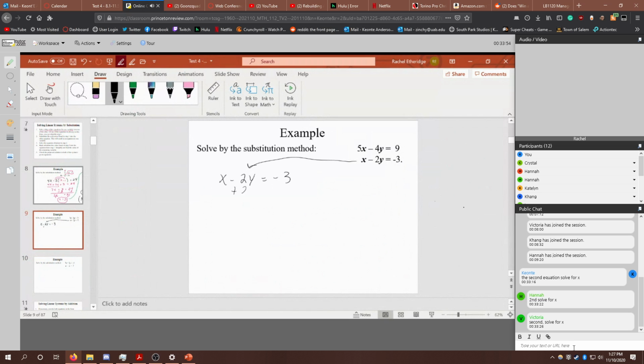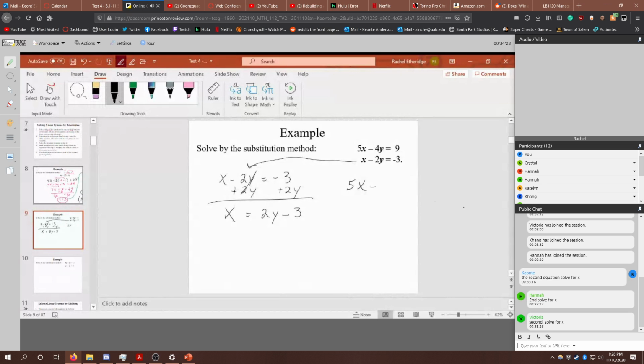So it's much easier to just solve for x. So now I have an equation for x in terms of y. Now I can't substitute into the one I solved, so I have to go back to the other equation.